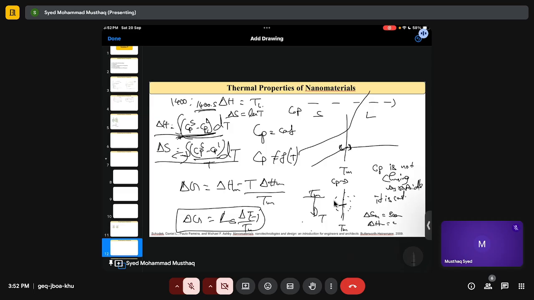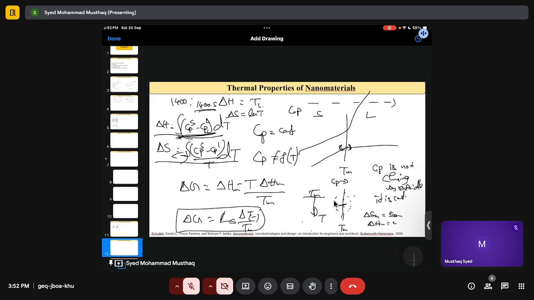So if I am at 5 degrees centigrade, then my undercooling will be the difference of 5 and 0. That is my undercooling, 5 degrees.